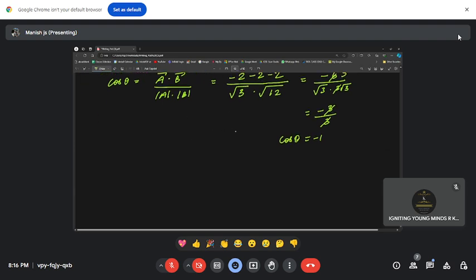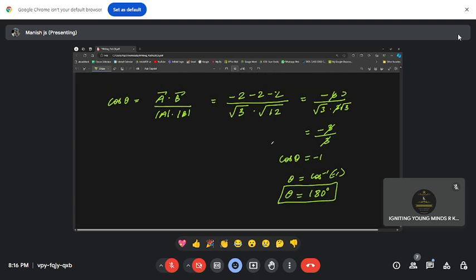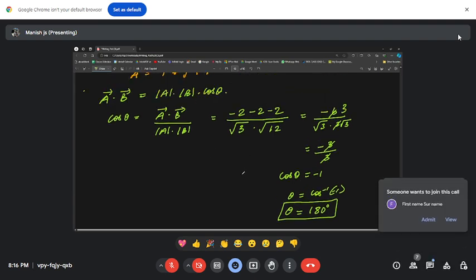I hope in mathematics you would have learned. So theta is cos inverse of minus 1. So for what value of theta is the cos value going to be negative 1? So theta will be equal to 180 degrees. Okay, so that's the angle theta. That's how you find out the angle theta in this case.